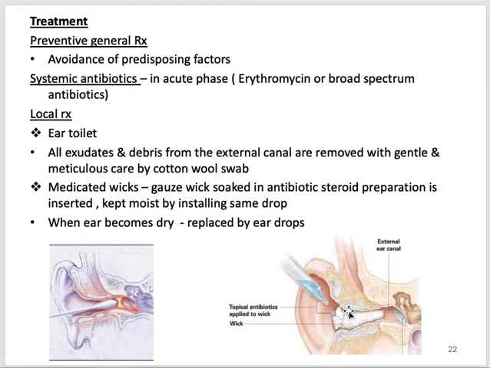They have aluminum acetate or silver nitrate. They are antiseptic as well as bactericidal or bacteriostatic. You can give them broad spectrum antibiotics, and give them something for pain relief. So this is how we treat these patients, and the aim is to keep the ear dry and clean in these patients.